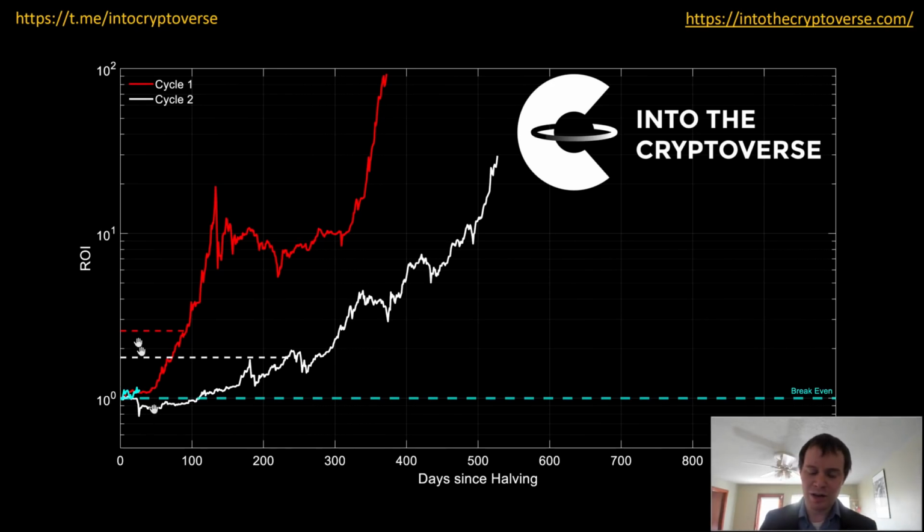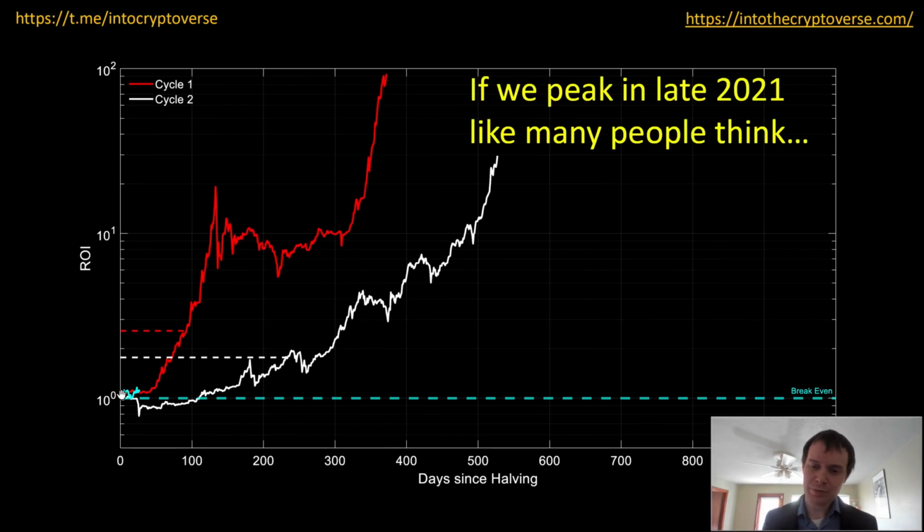But remember, there's not a whole lot of data. And you can't definitively say that we have to go up or we have to go down in the short term. We could easily go to 14K this summer. We could also easily go to 6K this summer. We don't know, but it's how you respond to this price movement that's important.